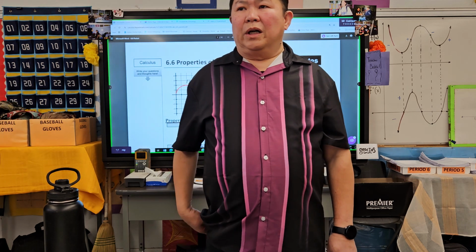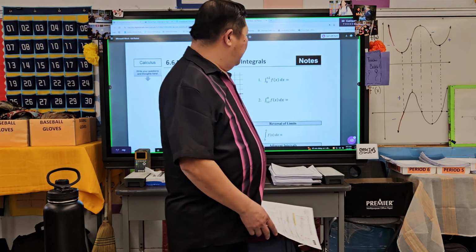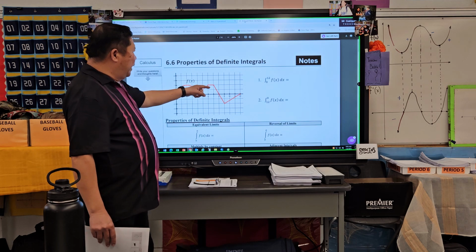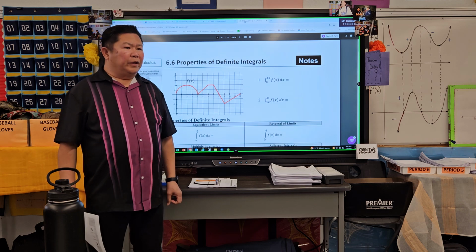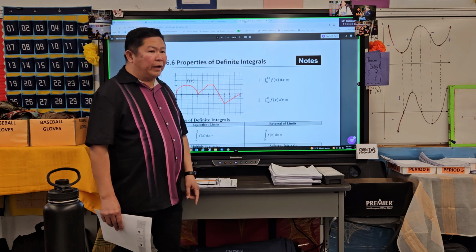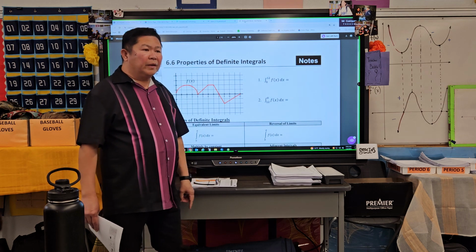Okay, so we have this graph, and remember, for the fundamental theorem of calculus, we say the integral from a to b of f of x dx. So is this written in the form a to b?